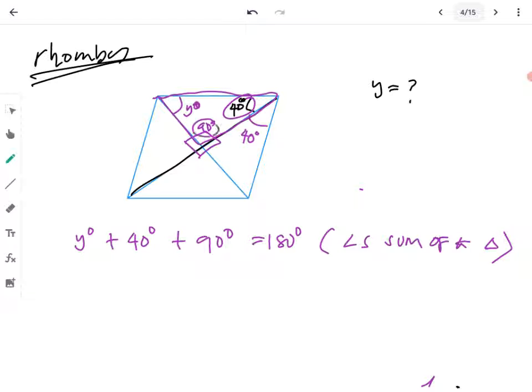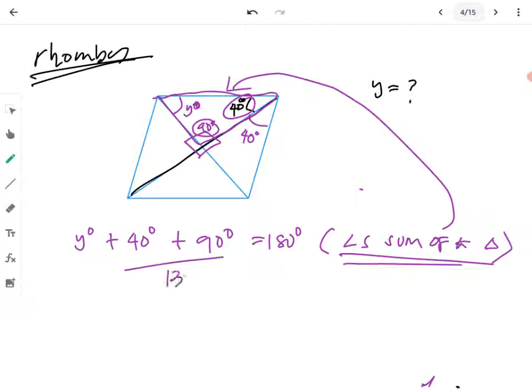That gives us this 90 degrees. When we mix that together, we can form the angle sum of a triangle as our working equation here. So this is 130 degrees. Therefore, subtracting 130 from 180, you have y is just 50.